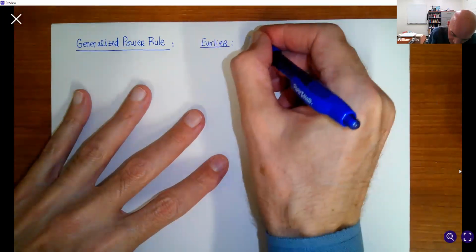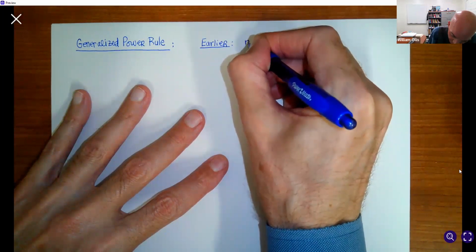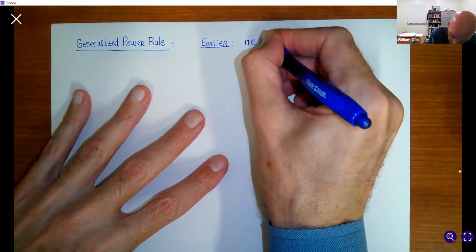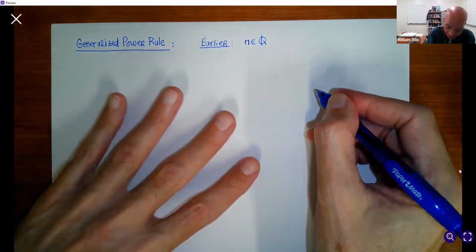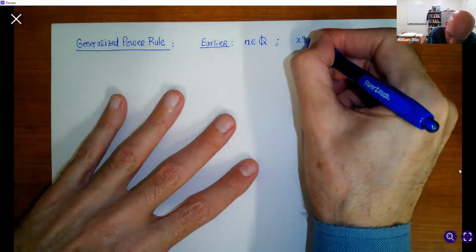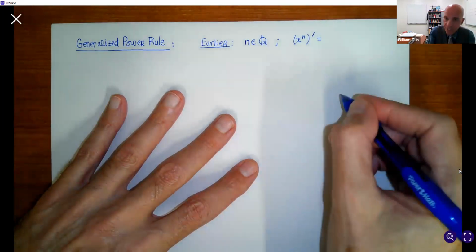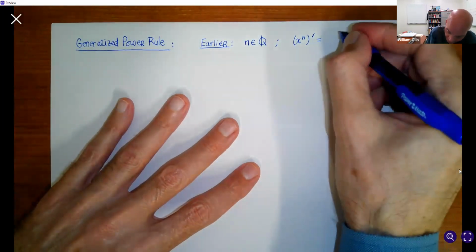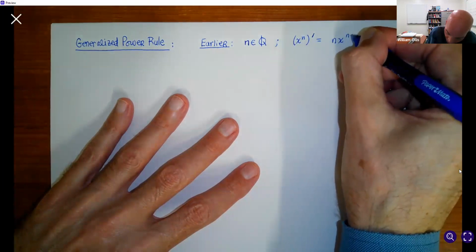So for right now, we're stretching a little bit. We're assuming that we have validity for n, a rational number, and the result looks like this. So if we have x raised to the n, prime, just looking at it like a formula, then this is n times x raised to the n minus 1 power.